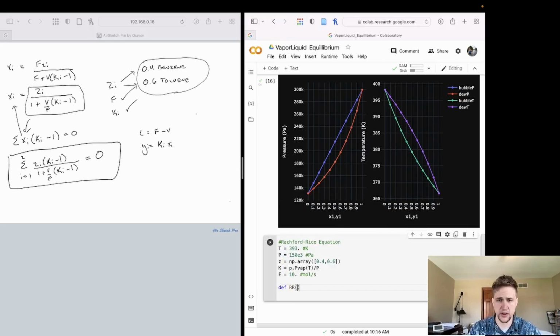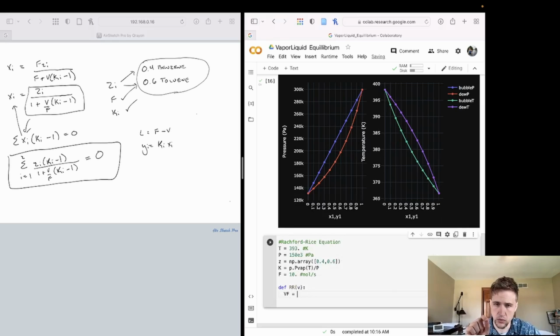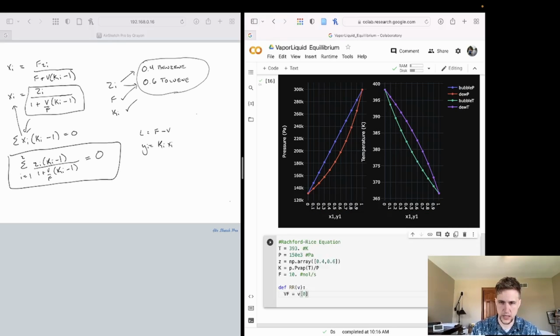So let's go ahead and define our root solver. We're going to call it Rachford Rice with our array of vectors. And then what is it that we want to know? Well, we want to know what our VF, our vapor mole fraction to feed ratio, has to be that sets the whole thing to 0.